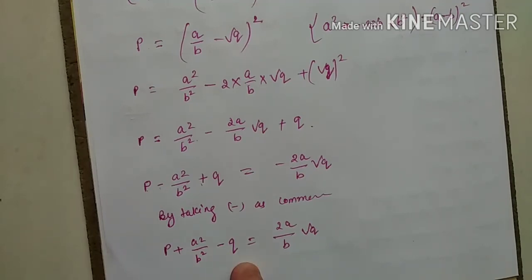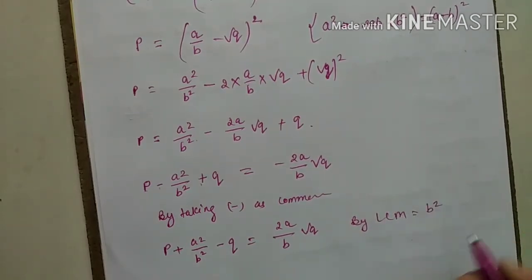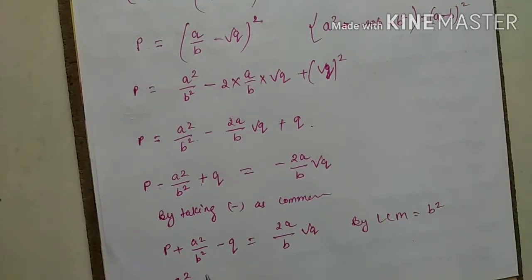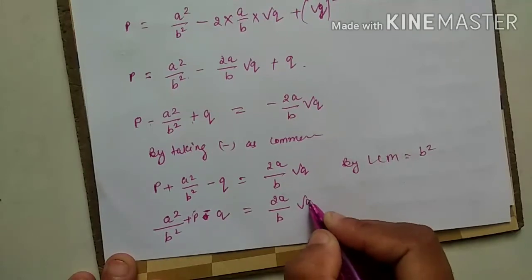You can take the LCM of b square. So what I will write here, just see. First I will convert this one as a square upon b square plus p minus q. Correct. So here is negative, sorry. Here is negative, is equal to 2a upon b under root q.